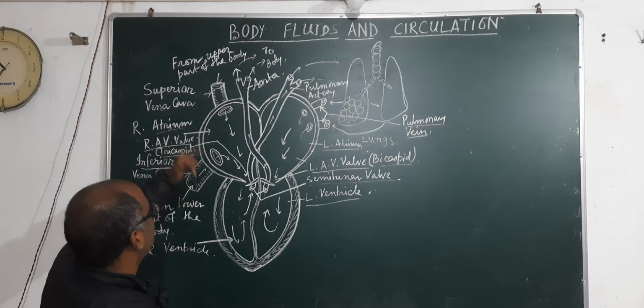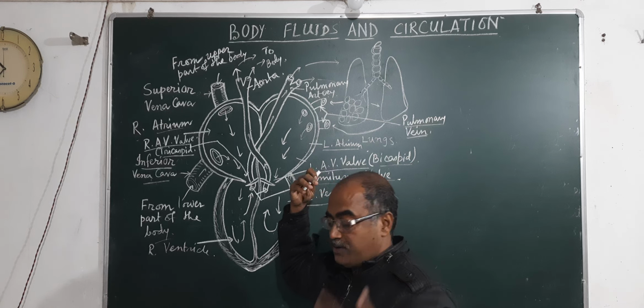From the inferior vena cava, blood comes from the lower part of the body, from our legs and thighs. And in the superior vena cava, blood comes from the brain and from our 2 limbs.